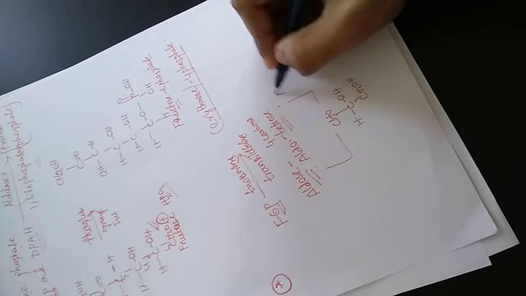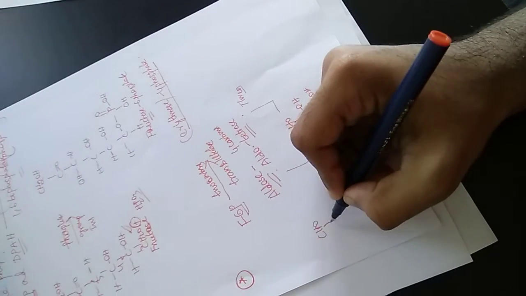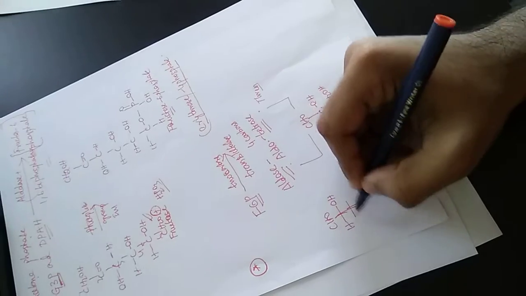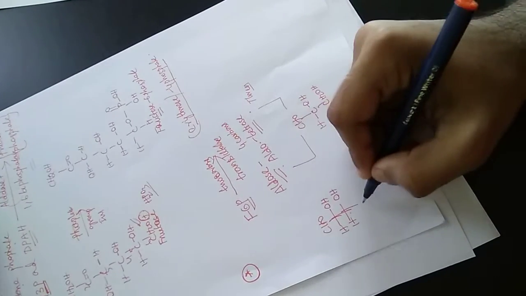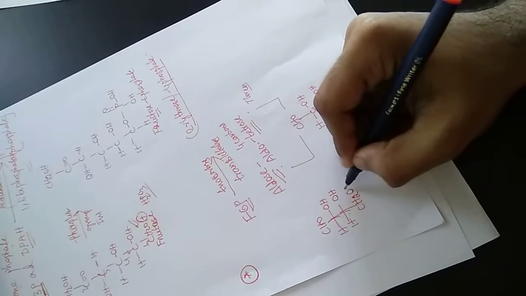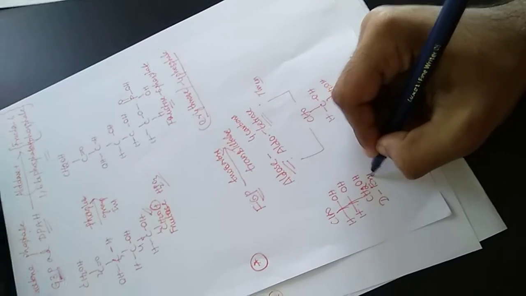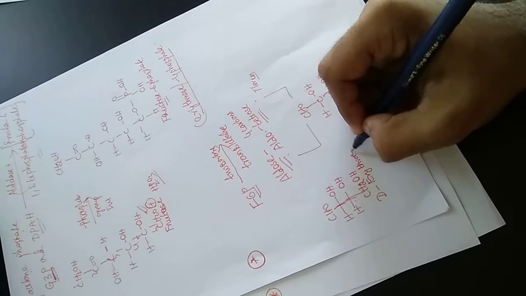So I'm going to add this carbon, H, OH, H, OH. So this is D-erythrose. I'm just drawing the Fischer projections of this. This is the structure of D-erythrose.